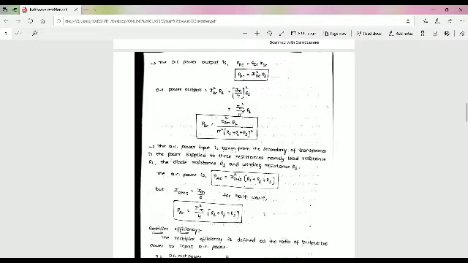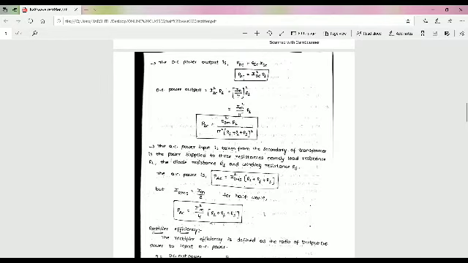Substituting, I square m by 4 into (RL plus RF plus RS). That is the AC power input.